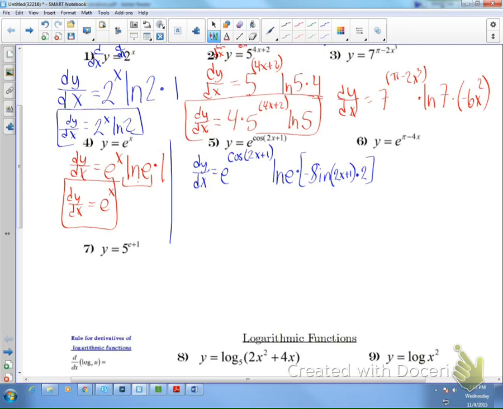So it's the derivative of cosine, which is negative sine, of the g function times the derivative of the g function. Okay, what is, again, natural log e? Yeah, don't leave that. dy/dx equals 1, so that cancels out. I might write the negative 2 sine of 2x plus 1 in front times e to the cosine 2x plus 1.